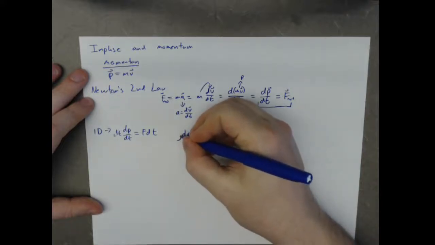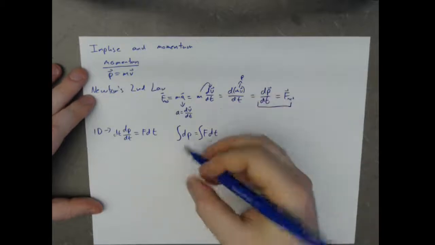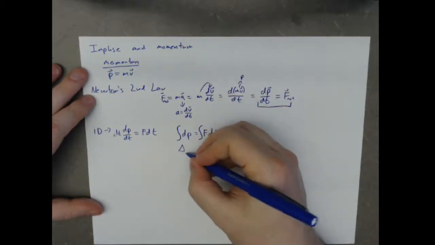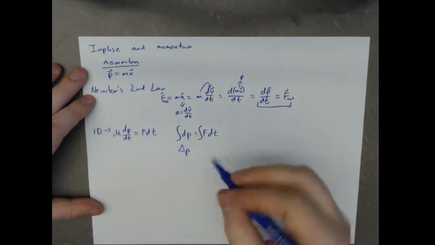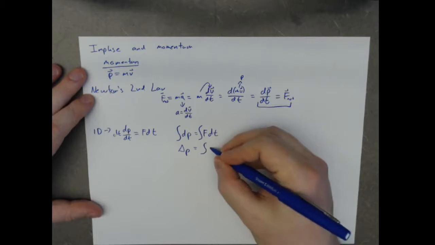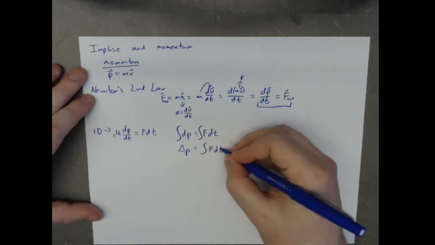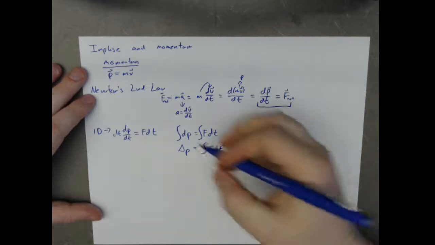But we can integrate both sides of this, and since the left side is just the integral of dp, it'll just be our change in momentum. For an arbitrary force like I'm talking about right now, we can't say anything more about the right side of the equation.